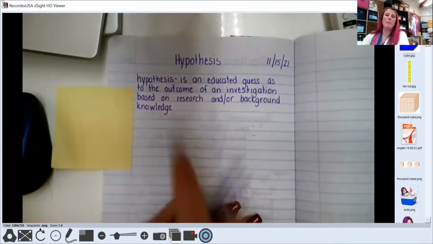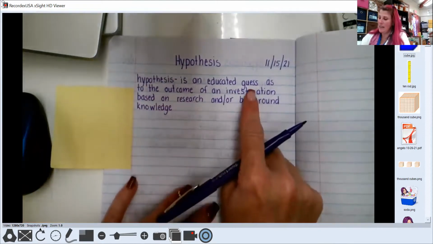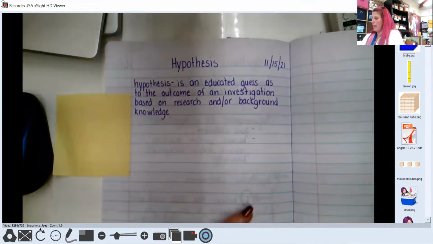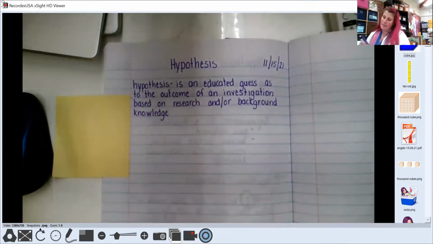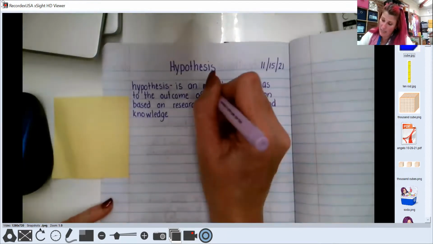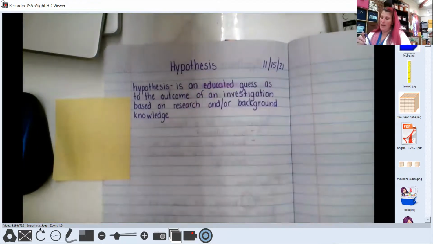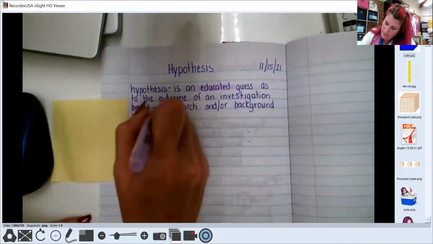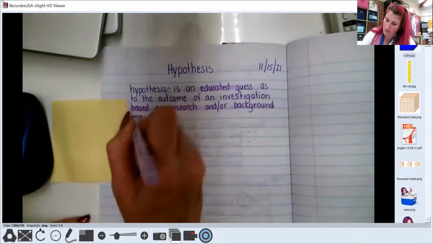All right, so a hypothesis is an educated guess as to the outcome of an investigation based on research and background knowledge. And the key part here is educated, and research, based on research and/or background knowledge.